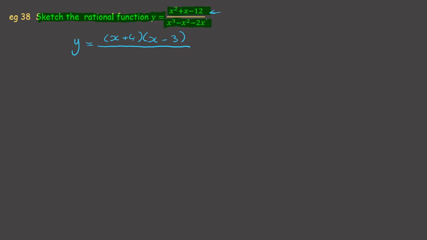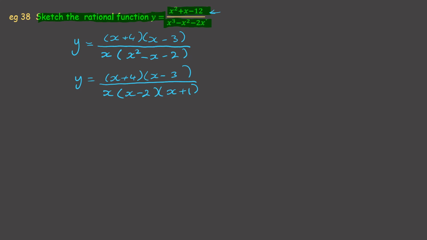On the bottom we've got a common factor of x, which we can take out, and then we'll have x squared minus x minus 2. So we've got (x plus 4)(x minus 3) over x, and x squared minus x minus 2 would be (x minus 2)(x plus 1).